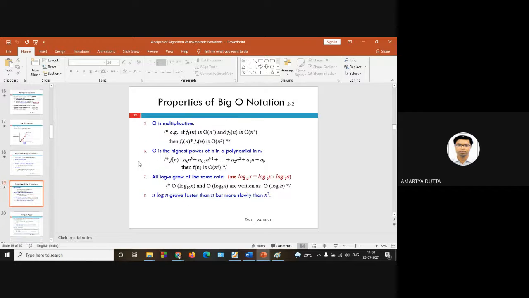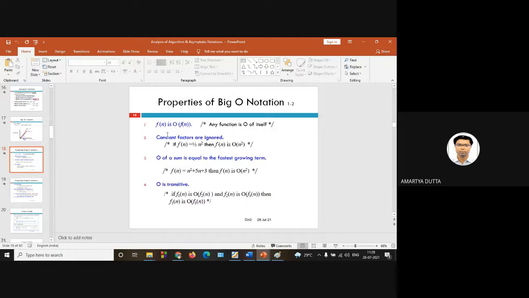And these are some properties of big O notation while computing the complexity. First, if Fn is half n square, then the complexity of Fn is order of n square. Why? The constant factors are ignored. Second, suppose it is a polynomial expression, n square plus 5n plus 3.